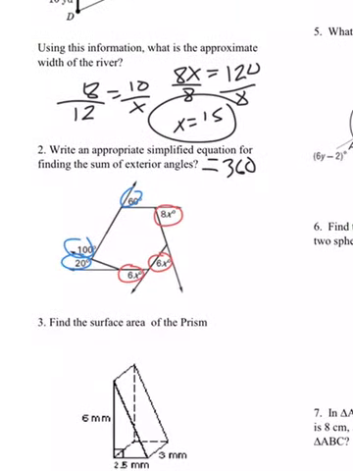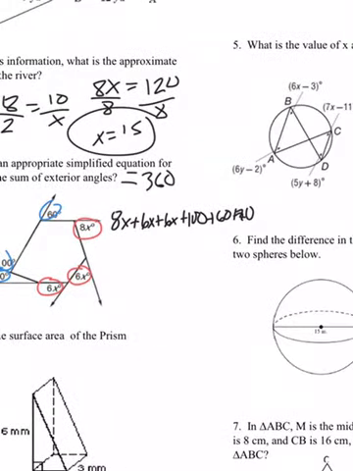So we have 8x plus 6x plus 6x plus 100 plus 60 plus 20. It's supposed to be 180.